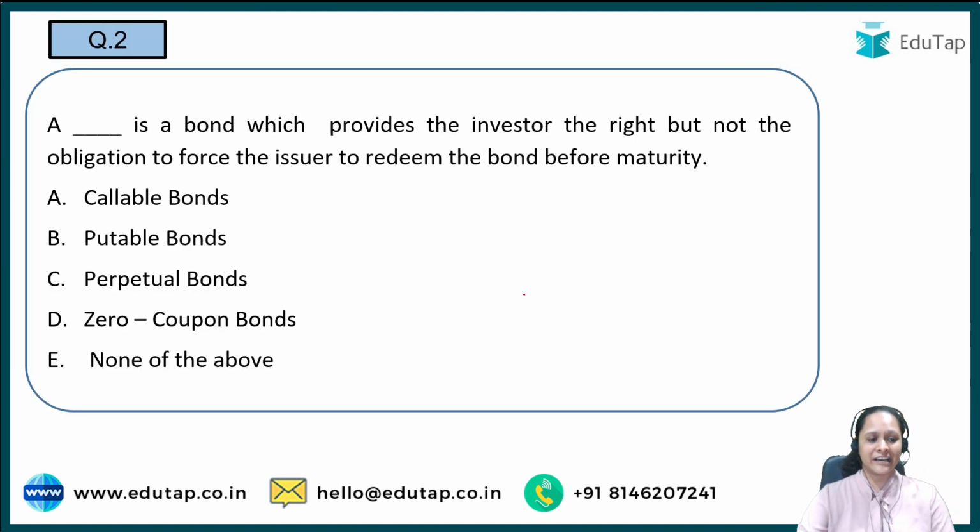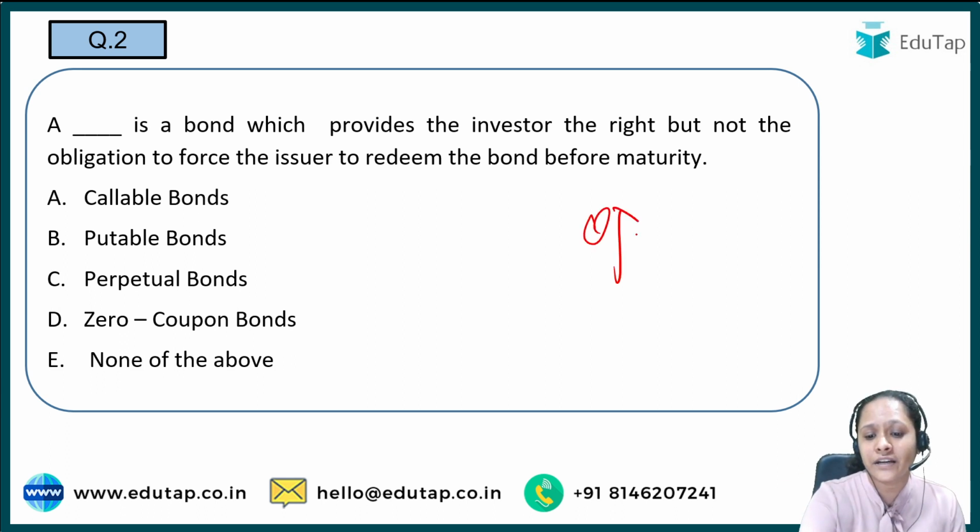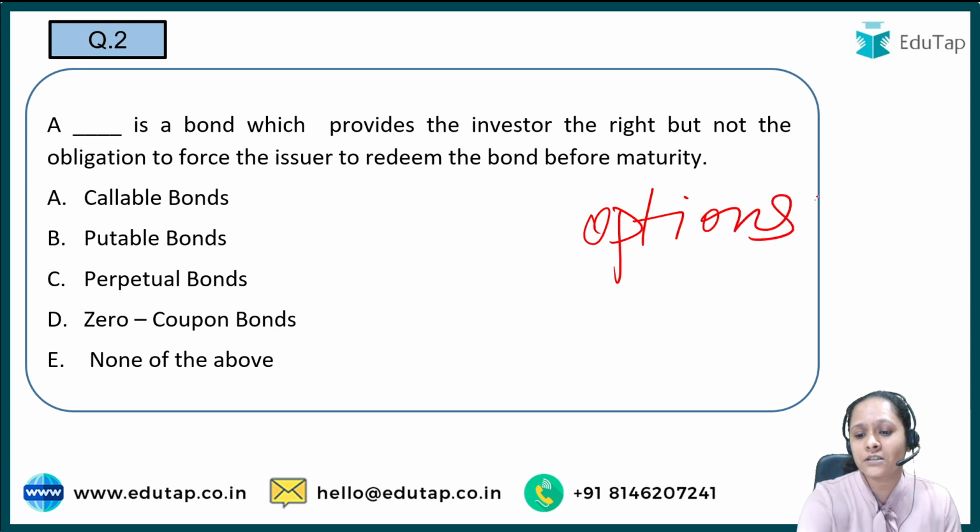Now, moving ahead. The second question says that a dash is a bond which provides the investor the right but not the obligation to force the issuer to redeem the bond before maturity. Now, this question is talking about those bonds which have options embedded in them. What are options? Options are derivatives.